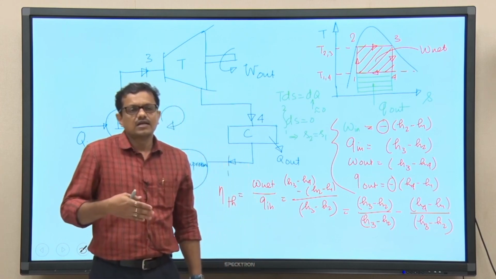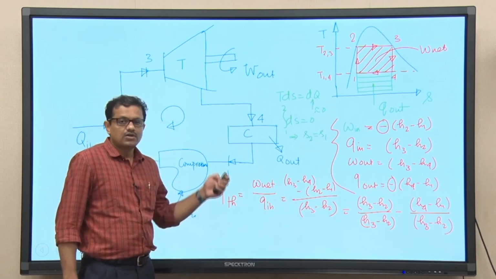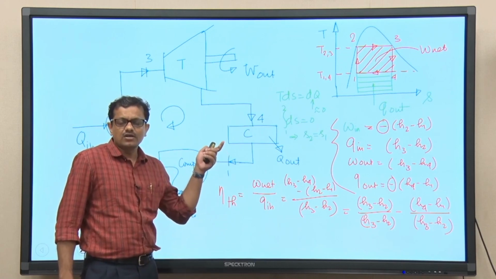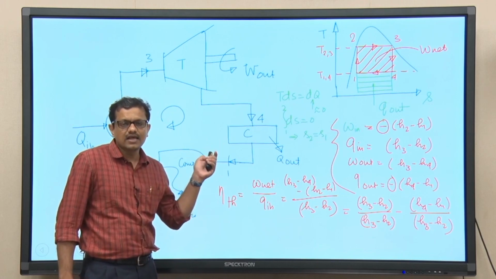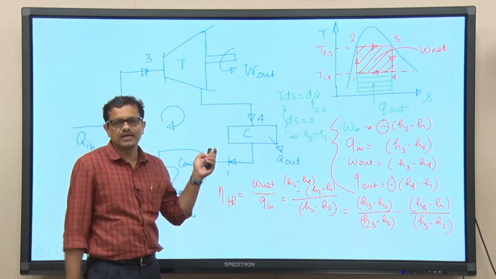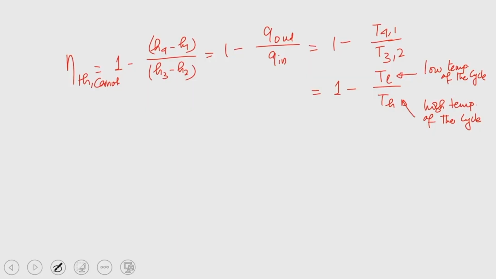Those are not easy to attain in practice, but knowing fully that those are not easily attainable in practice, we study this particular cycle. Again I am telling, only to compare the performance of the actual cycles. So, let us discuss the drawbacks or limitations of the Carnot cycle.